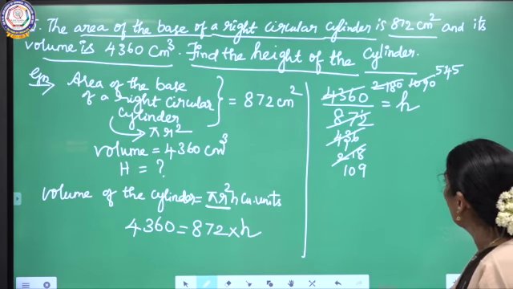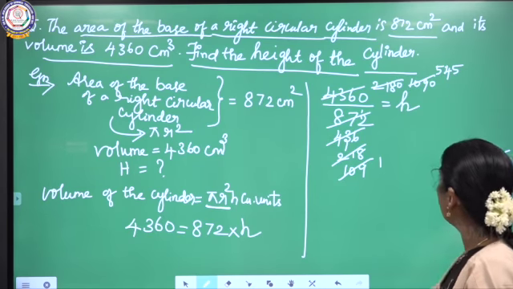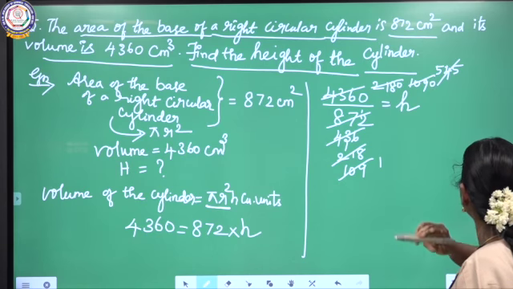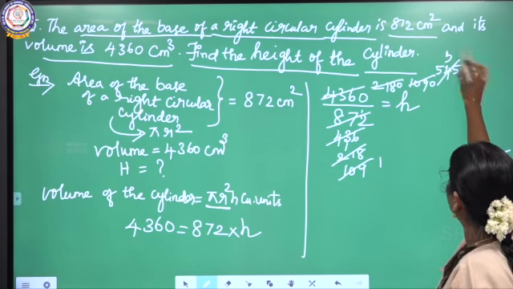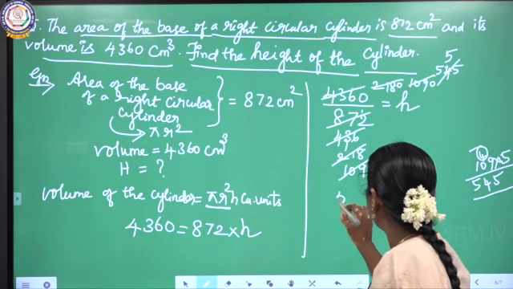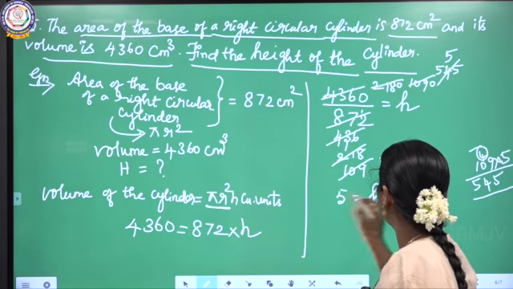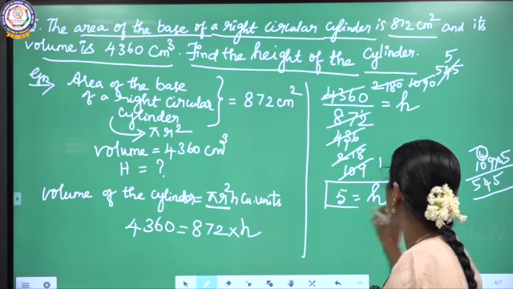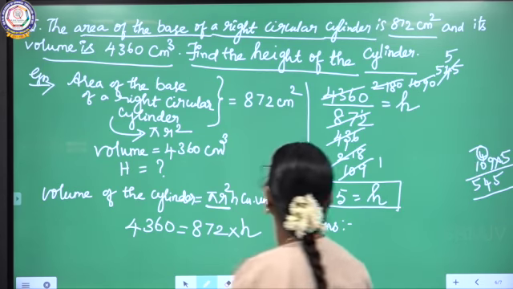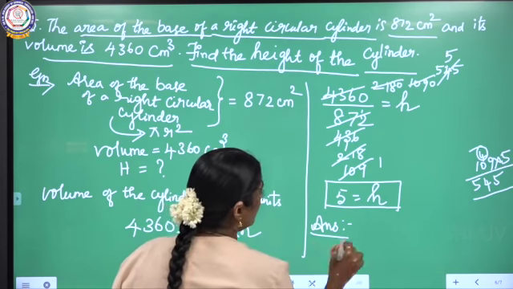Okay. 109 1s are 109 5s are. So the height is what? 5. H is equal to what, ma? 5. Now I am going to write the answer. What is the answer I am going to write?